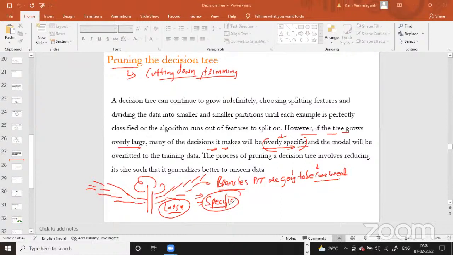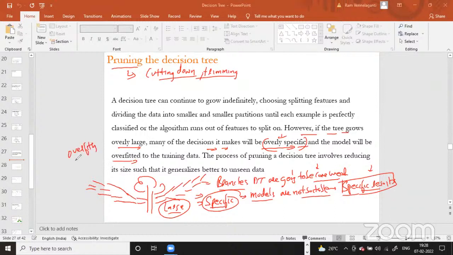Therefore, these kinds of models are not suitable. Why? Because they are going to give you very specific results. Or you can call these models overfitting models.